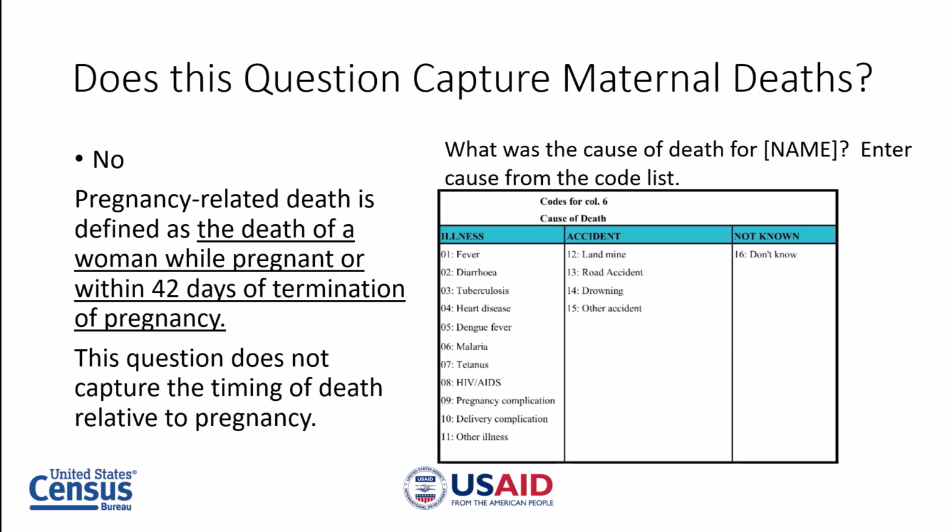If a woman dies of a cause not directly related to pregnancy or delivery complication, but while pregnant or within 42 days of termination of a pregnancy, her death should still be counted as a pregnancy-related death. However, with this question, we don't know when she died relative to pregnancy. So this question does not capture pregnancy-related death.